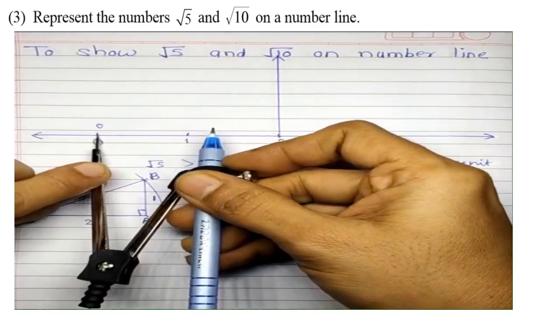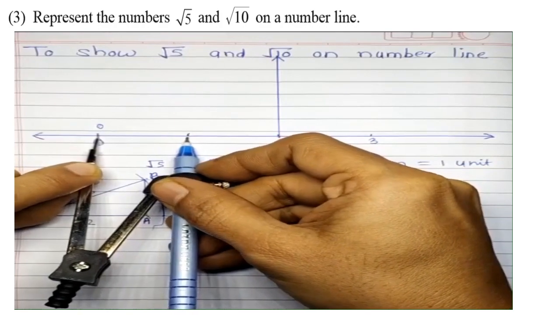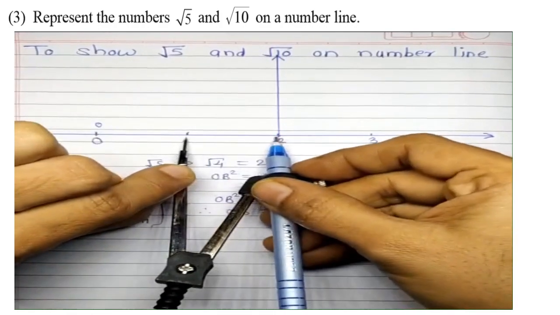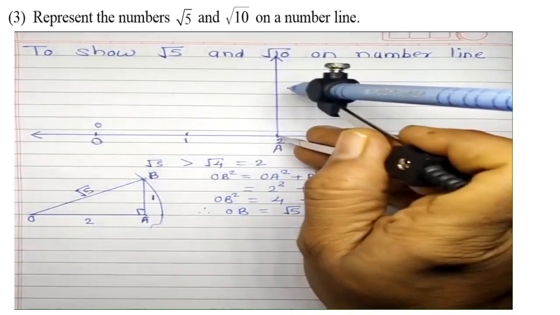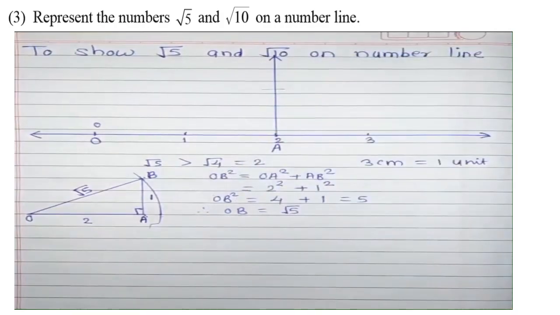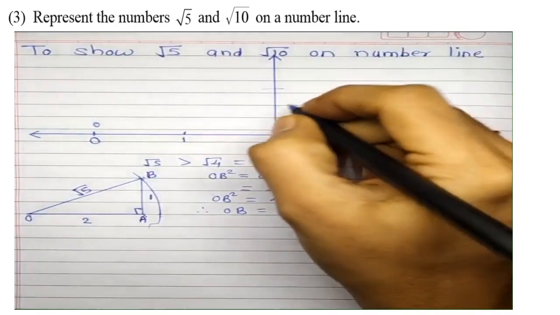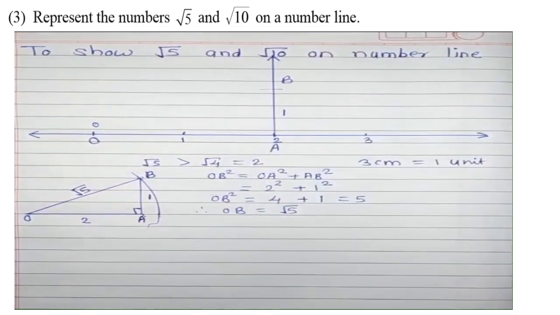Okay, so here from here to here is a 1 unit. You can see this is 1 unit. This is also 1 unit. We have marked it. And afterwards, mark that distance here. Okay, so marked. So what we can say is, this is 1 and this is my point B.